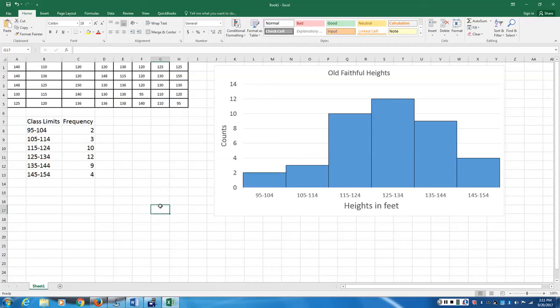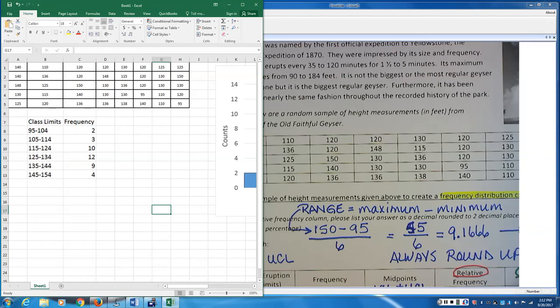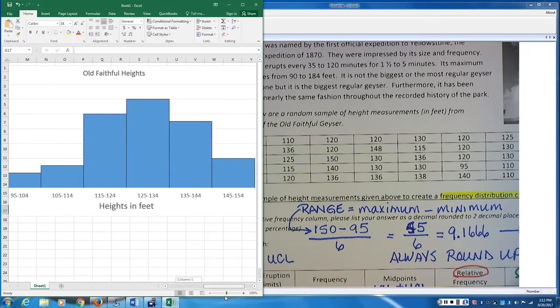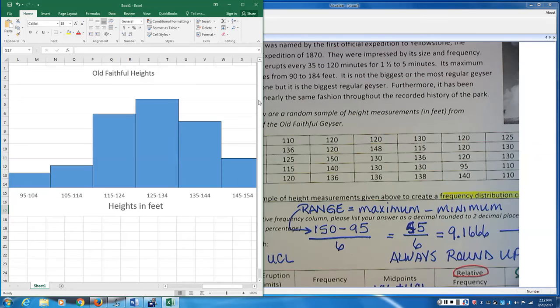Now, remember the numbers I told you that I wanted you to calculate, partly to help us with getting ahead for chapter 3? Let's talk about this a little bit.